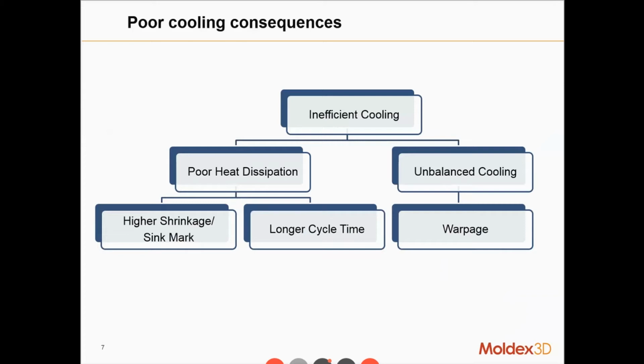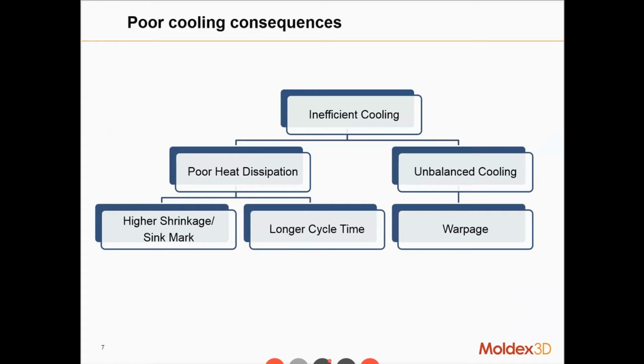Now let's come to the consequences of poor cooling. I have divided the consequences into two parts. If you have poor heat dissipation, you might have a longer cycle time, or a higher shrinkage rate, which means the part is very thick, and at that place it might create a seam mark because of the poor heat dissipation.